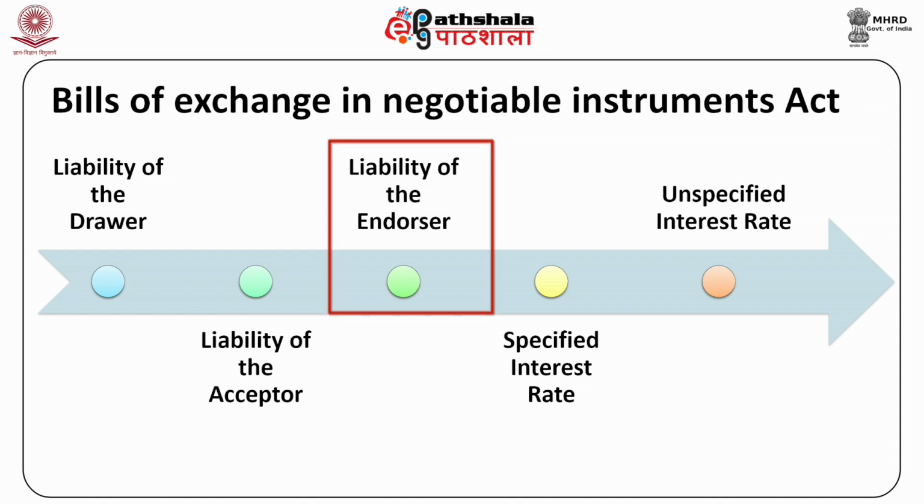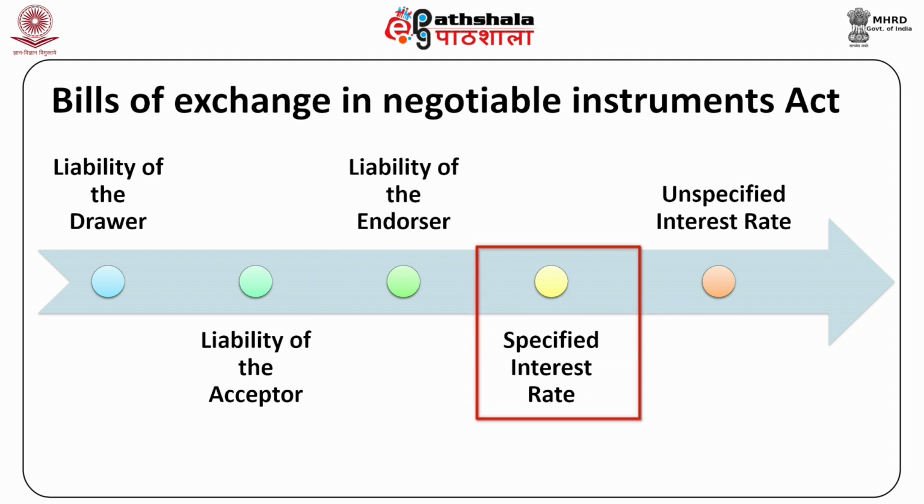Number 8. Liability of the endorser. As per Section 35, a person who endorses and delivers a negotiable instrument without any contract to the contrary is liable to every holder in case of dishonor. Sometimes the endorser's liability is expressly excluded.